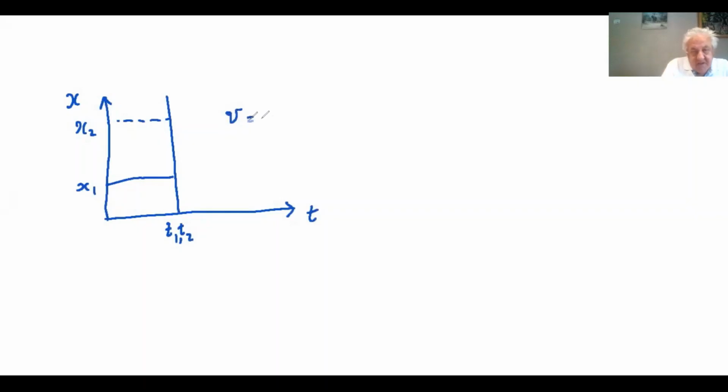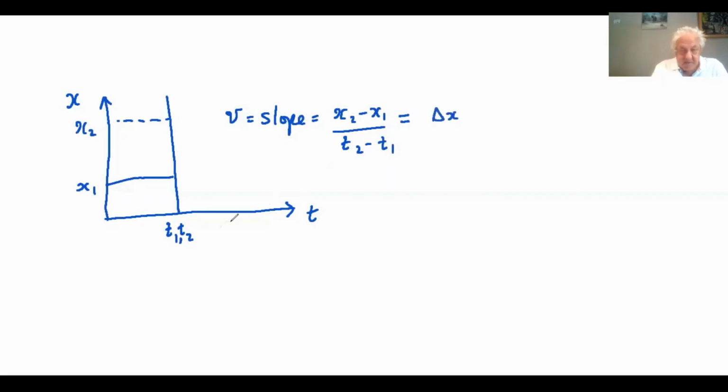So now my velocity equals the slope equals x2 minus x1 over t2 minus t1. This is some finite interval, delta x, but t1 and t2 are the same time, so the interval is 0. So we see that the velocity is infinite. So this is clearly impossible. Let me clear that. And let me draw a distance time graph again.